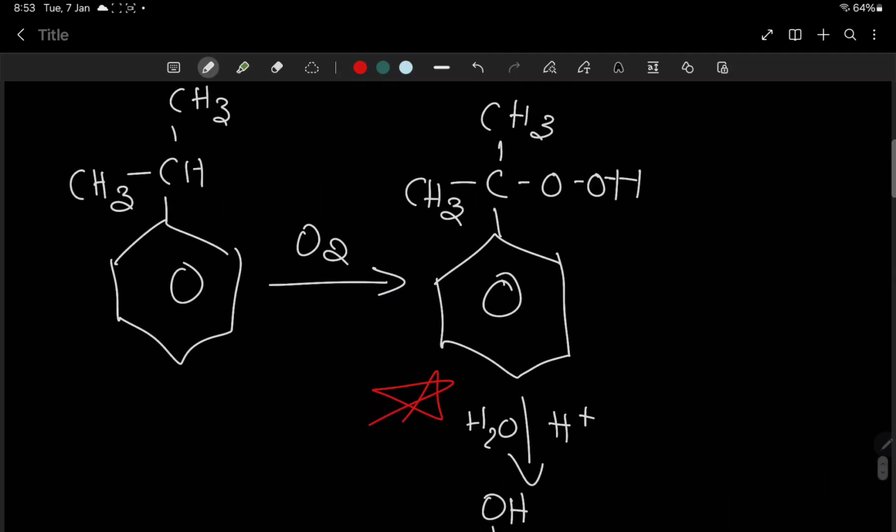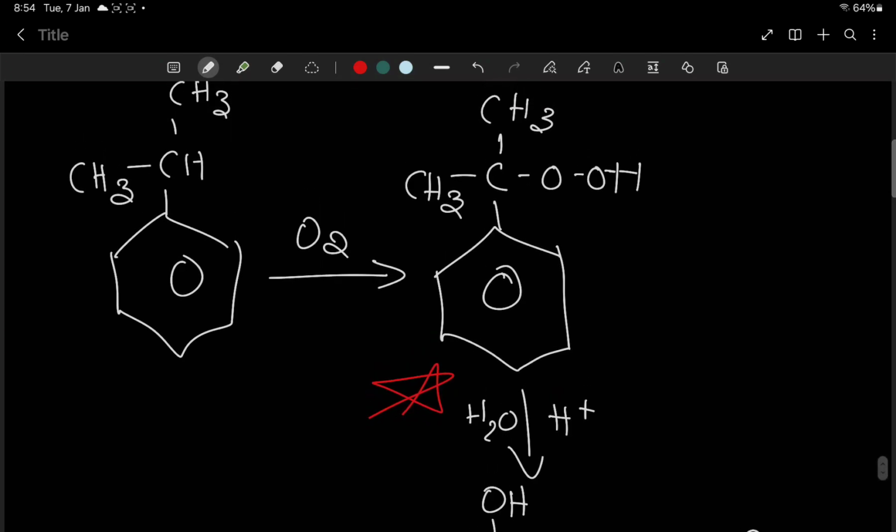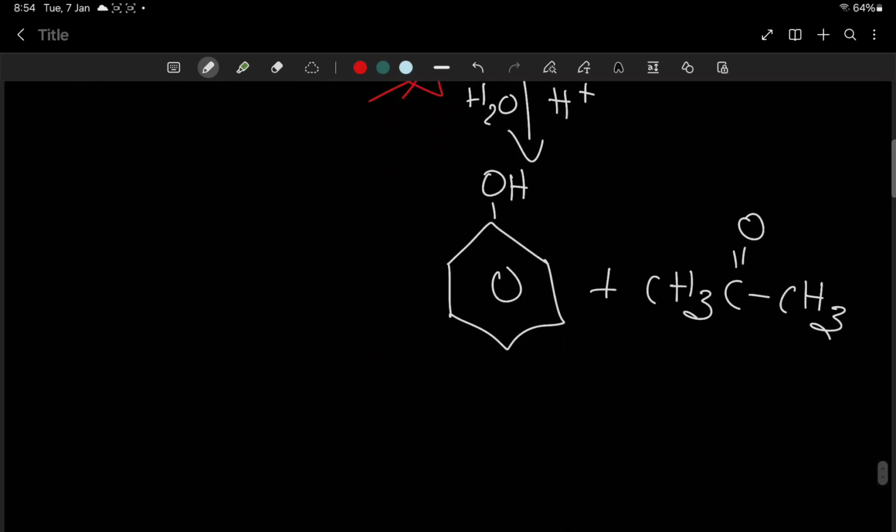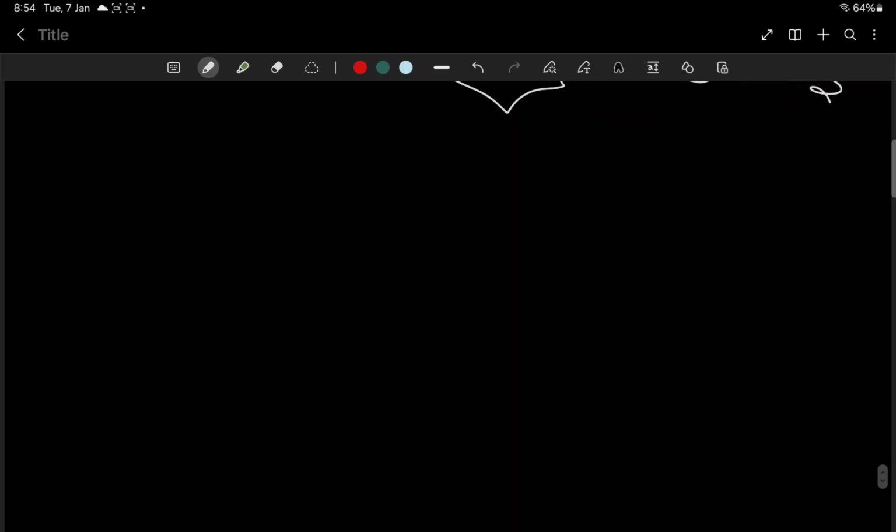This thing is important. When we add oxygen, then we should add water or H plus and water, that is acid catalyzed water. Okay, so what happened? We get acetone and phenol. Okay, yes. Now I am going to do one question.